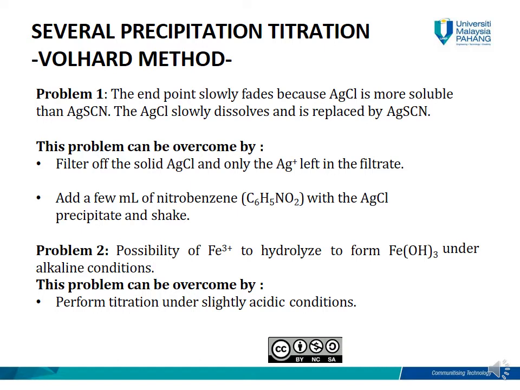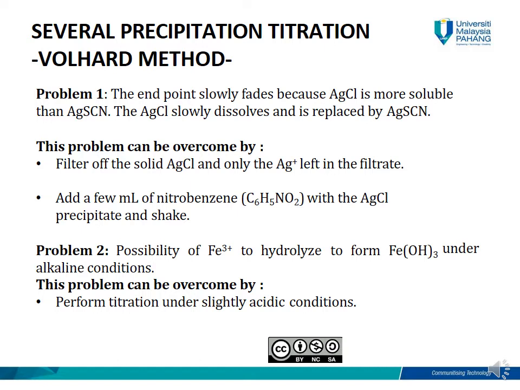The second way is to add a few milliliters of nitrobenzene to the silver chloride precipitate and shake. This is to prevent the silver chloride from dissolving and being replaced by the silver thiocyanate.